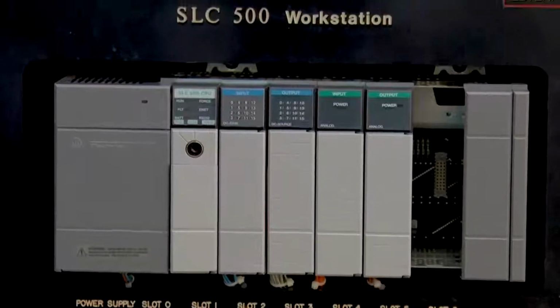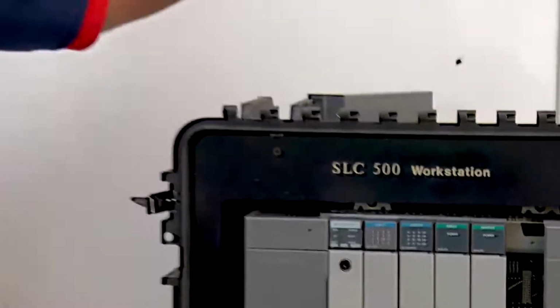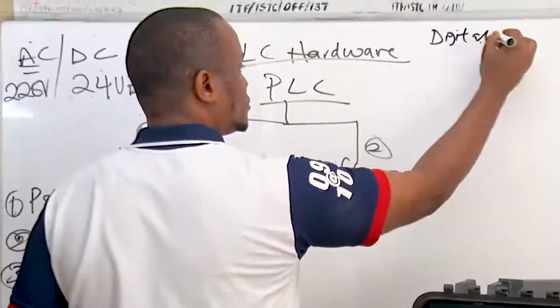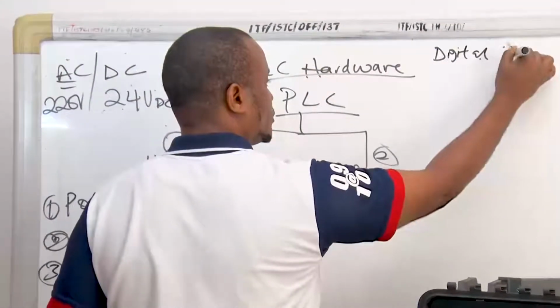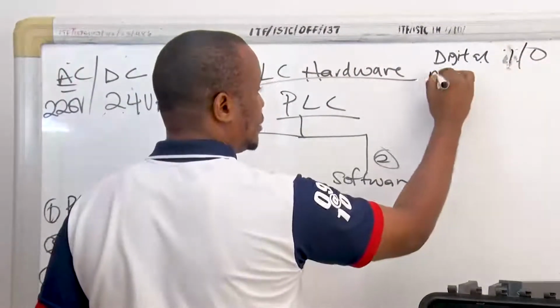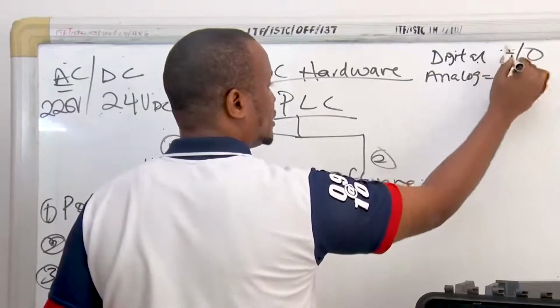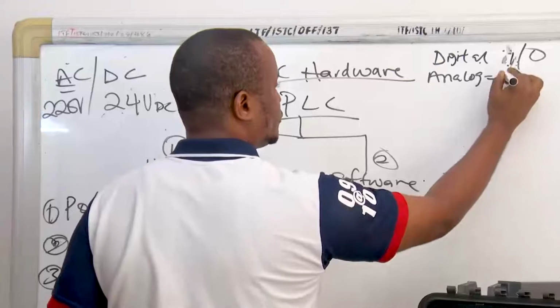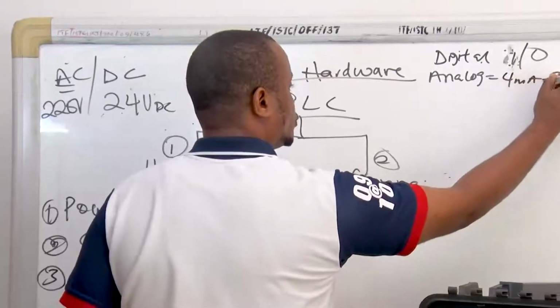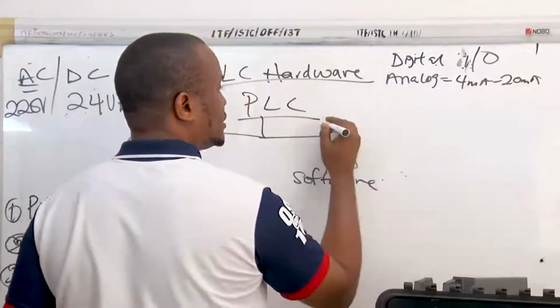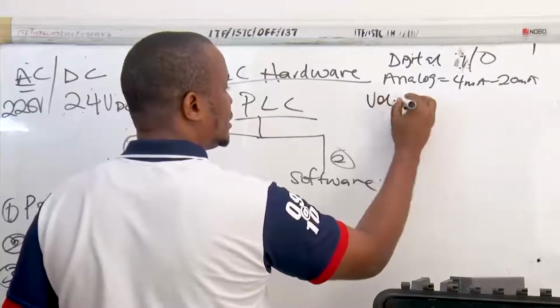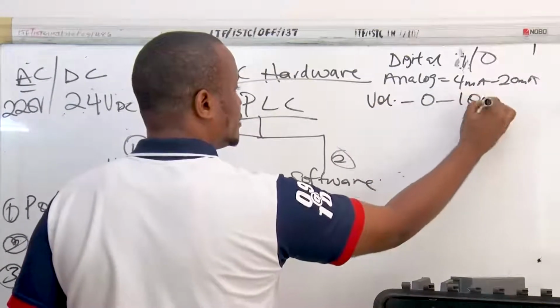So by digital, we mean ones and zeros, ones and zeros. And then analog signals can vary. If it's a current signal, it can vary between 4 milliamp to 20 milliamp. If it's a voltage signal, it can be between 0 to 10 volts.